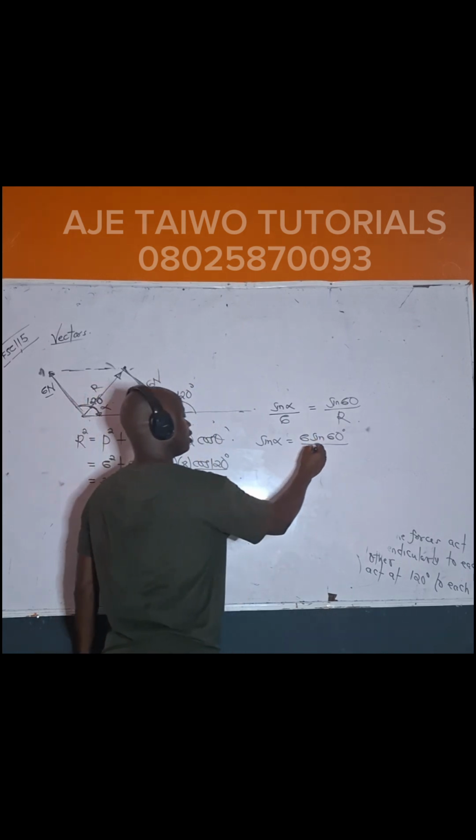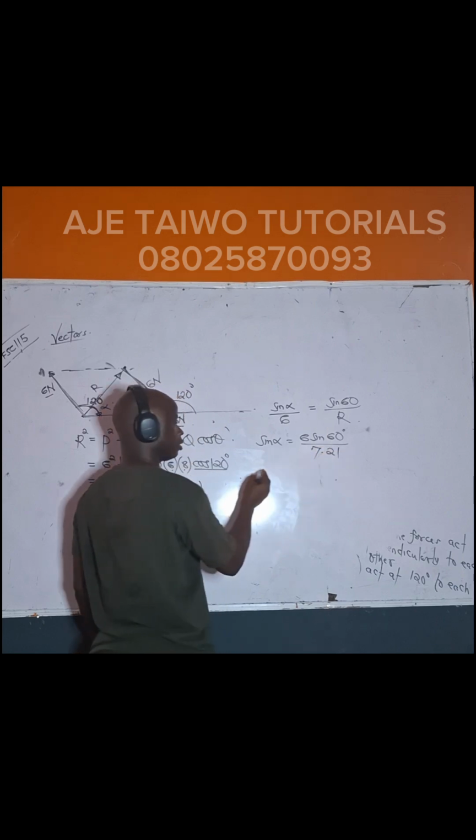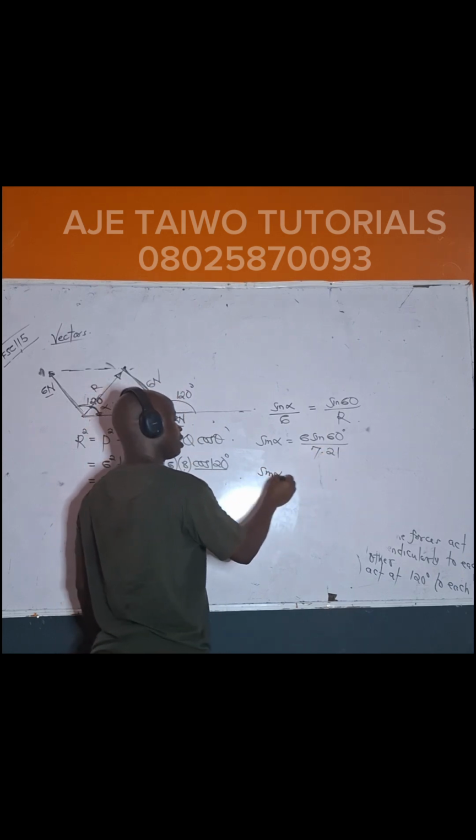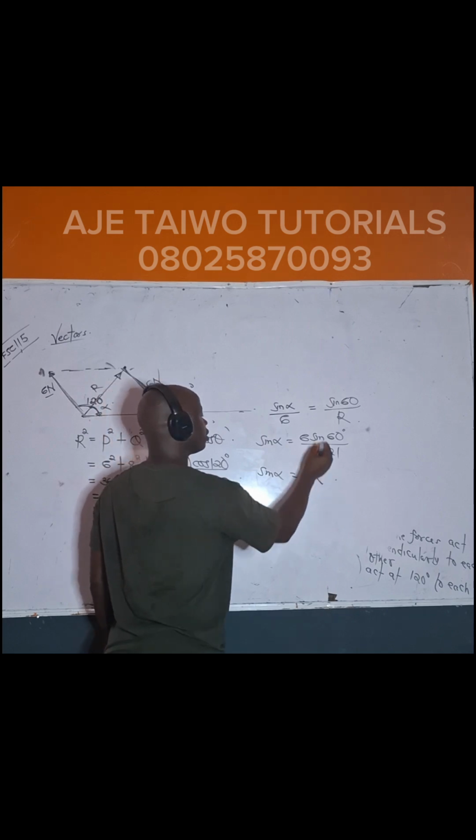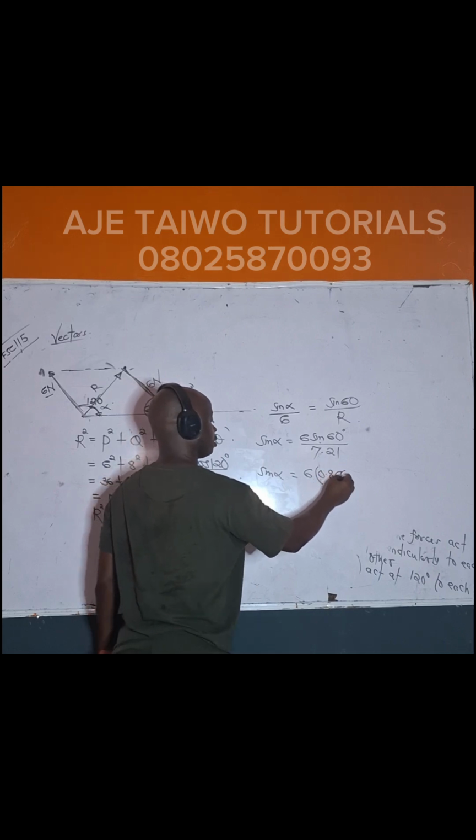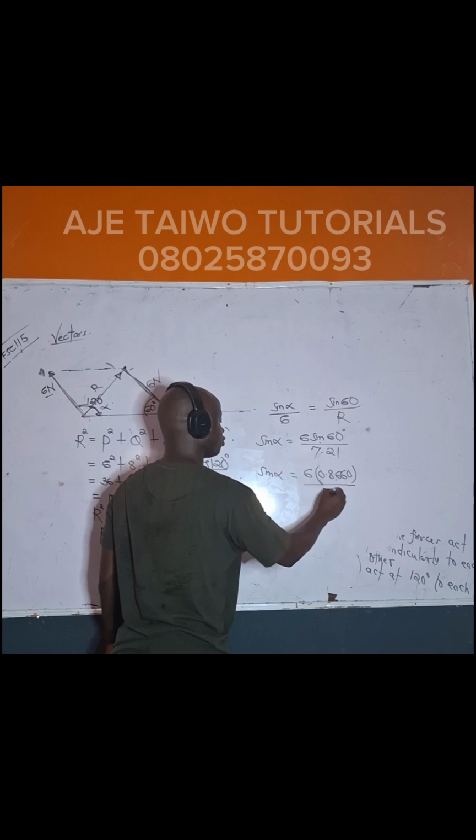So sine alpha is now 6 sine 60 all over R. Our R is 7.21. So sine alpha is now 6 times sine 60 over 7.21.